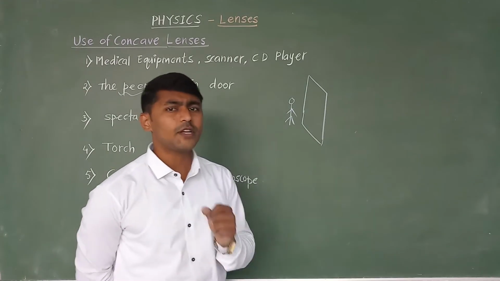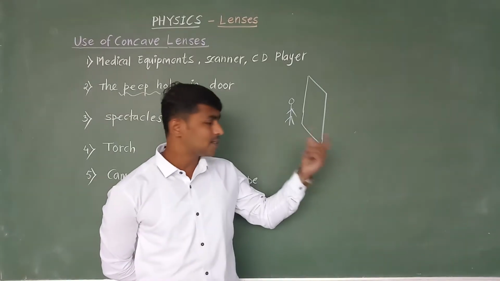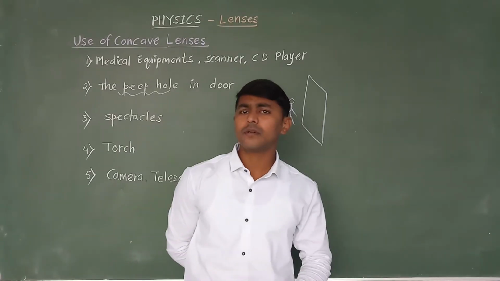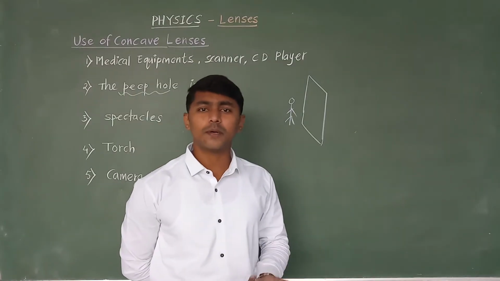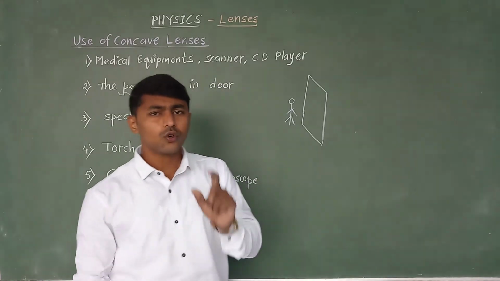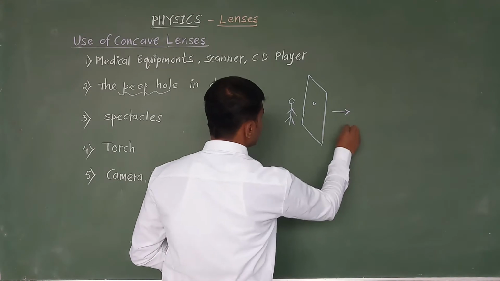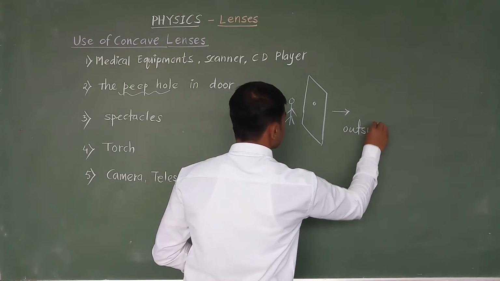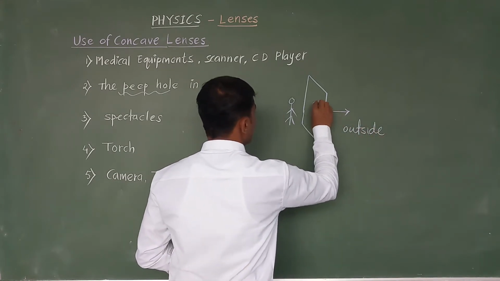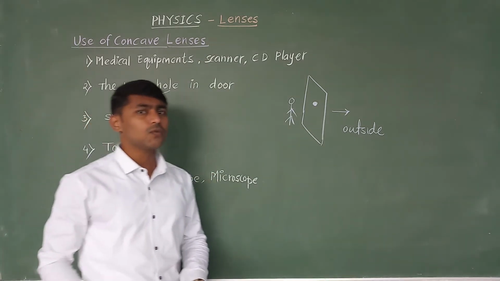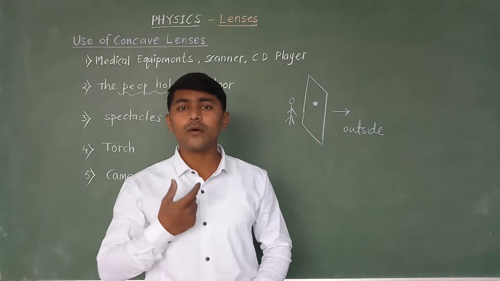You can't immediately open that door because the stranger might be a thief or any unknown person. So, to see who is outside, there is a peephole which contains one or more concave lenses.